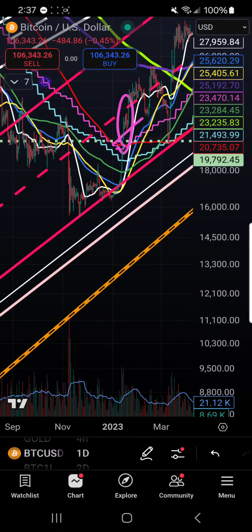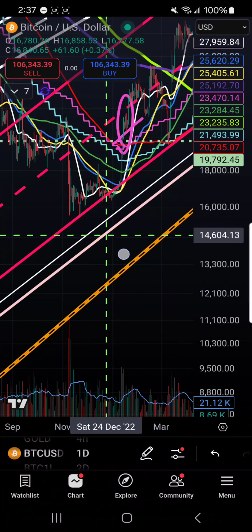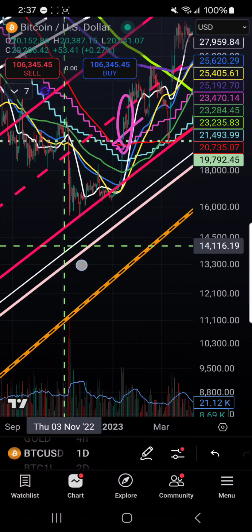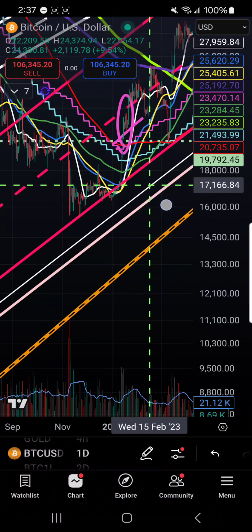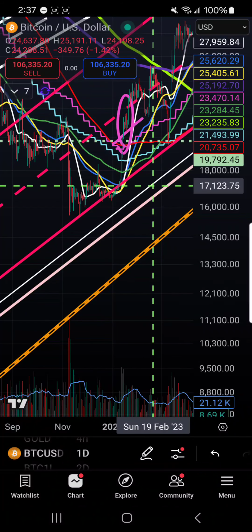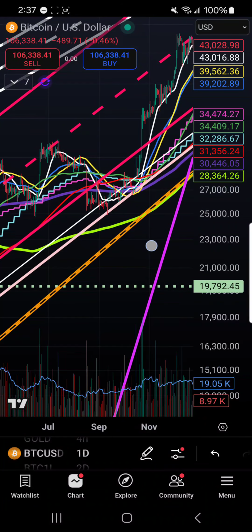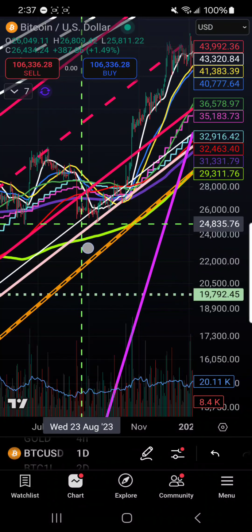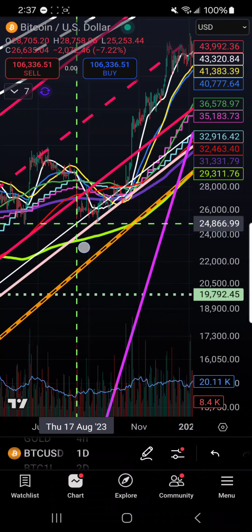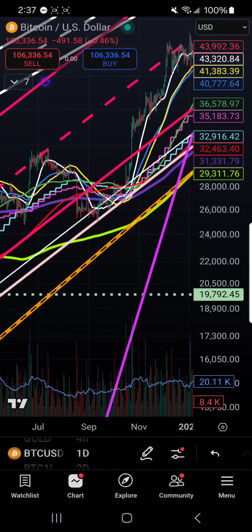Now, with the exception, you'll see this white line here and this kind of pinkish colored line. A few times we've fallen out of the red channel, and when we've done so, we've come down to these two lines. It was for a considerable amount of time from August of '23 through October of '23, so a couple months on this daily time frame.